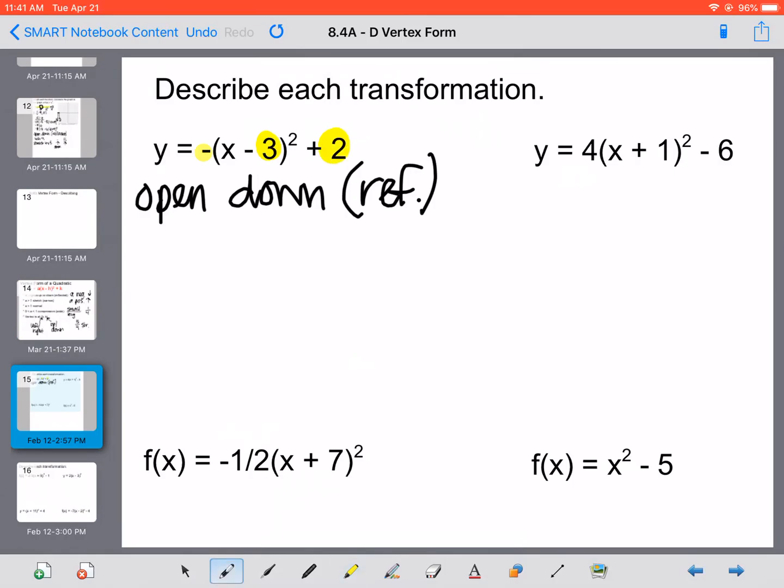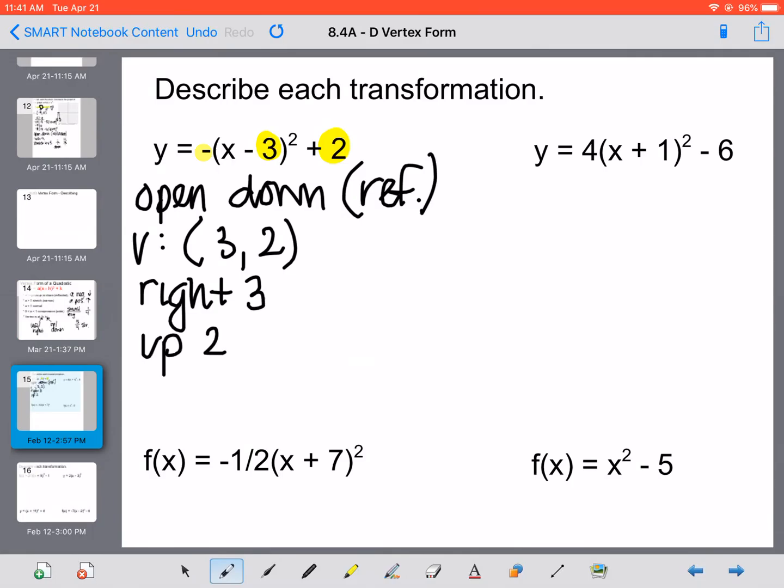So that's a -3, but that means that my vertex is going to be at 3, 2. So if my vertex is at 3, 2, a +3 means I'm going to go right 3, and a +2 means I'm going to go up 2. And that would be the description of that first one.